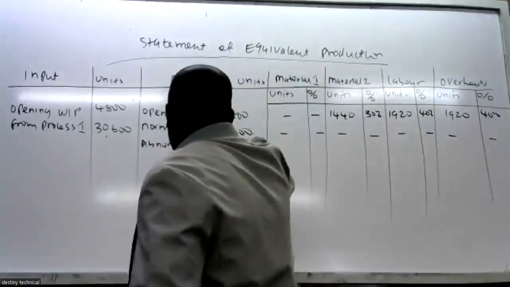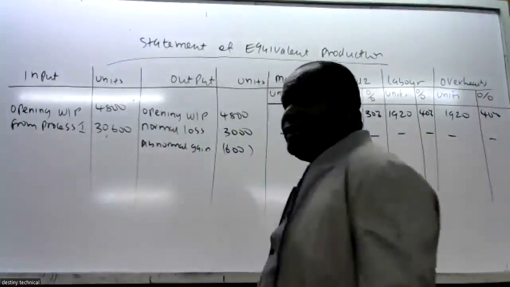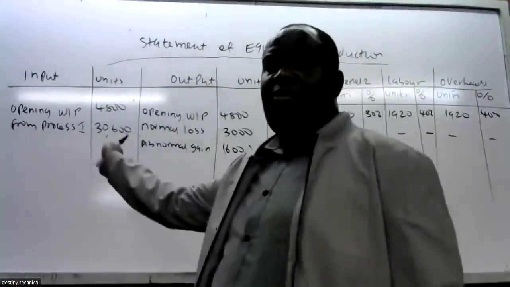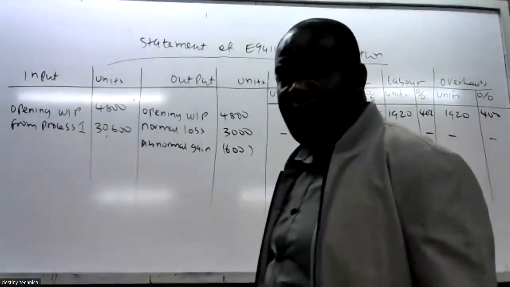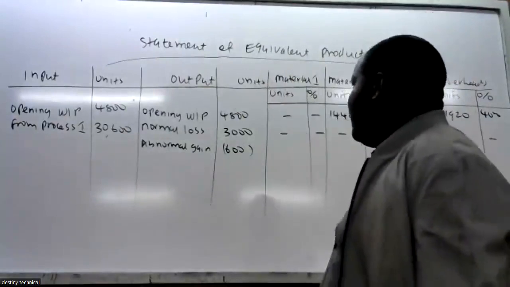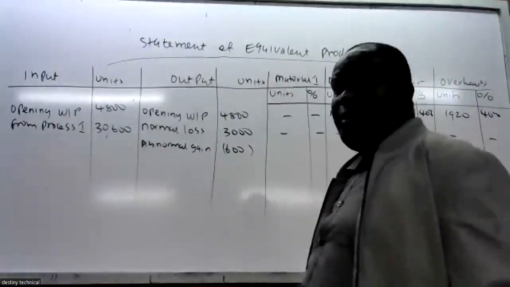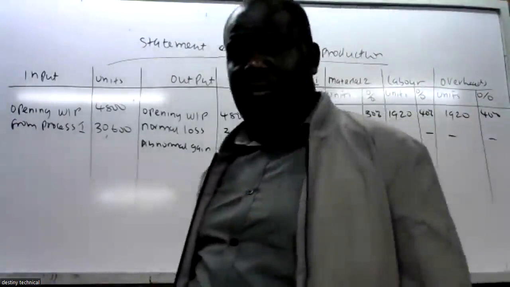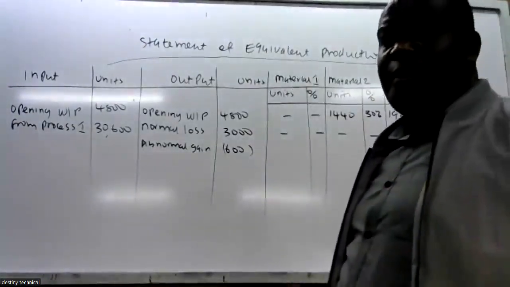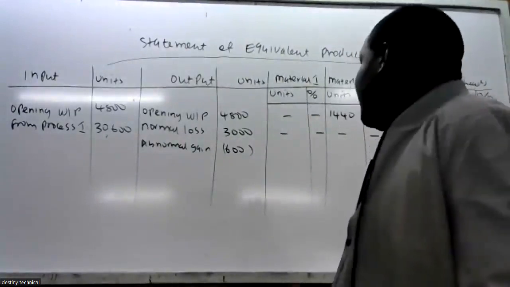Because it is a gain, we subtract. If you remember, the gain in the process account was appearing on the side of the input. But now, because we are preparing the statement of equivalent units, we put it there, but we subtract. Remember, if it is a loss, we just include it.